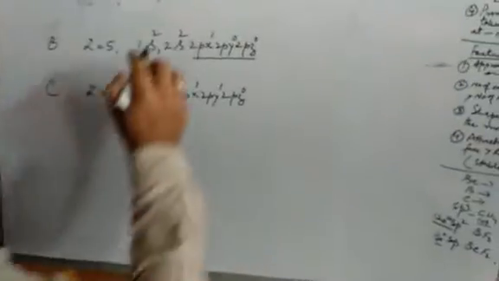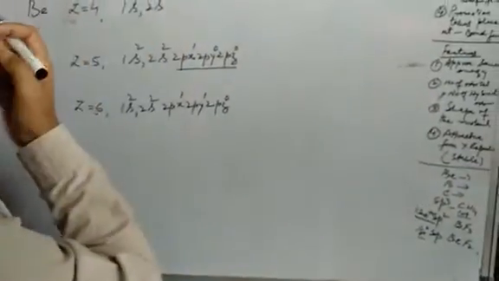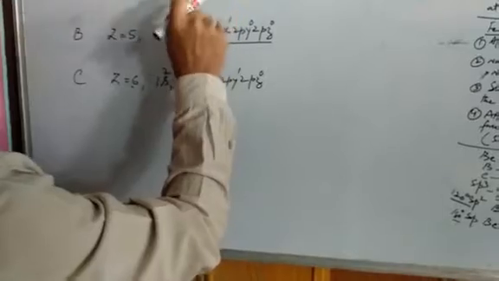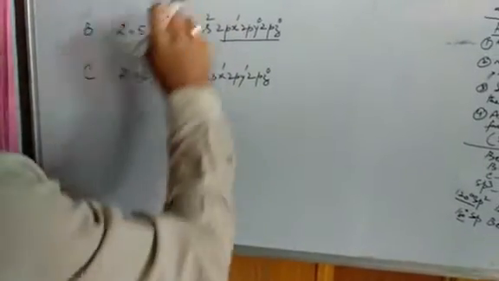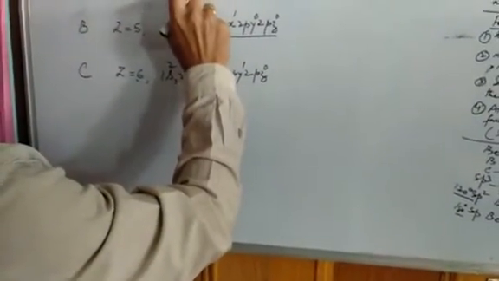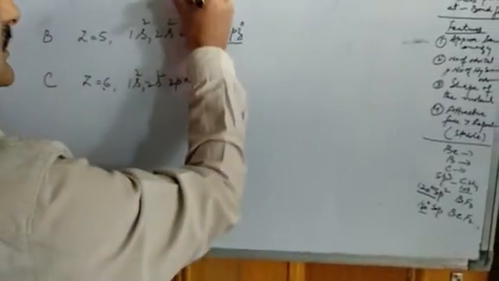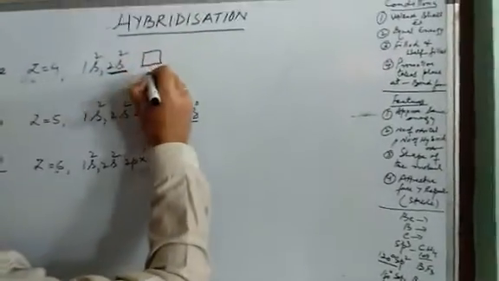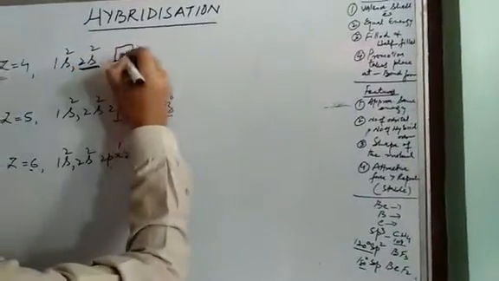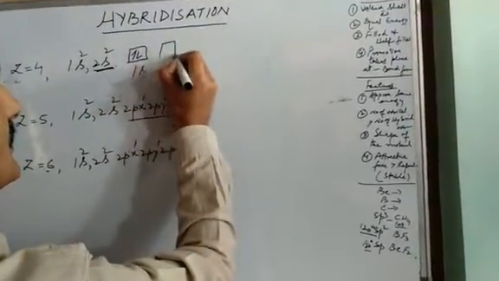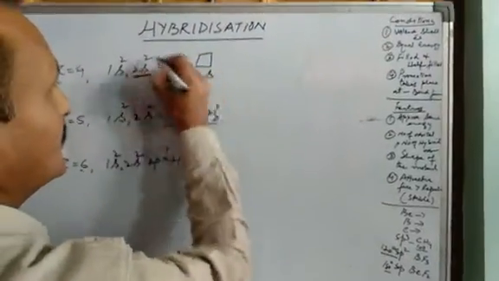Now, coming back to beryllium, we find that we don't have any half-filled orbital. Its electronic configuration can be written like this: 1s, how many electrons? 2. 2s orbital, how many electrons? 2.